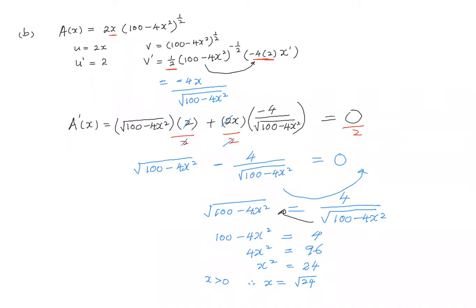Can someone check where did I go wrong? You didn't write the x. Oh, here I didn't write the 4x, is it? Yeah. You see? So I didn't write the x here. So here is where I make the mistake.